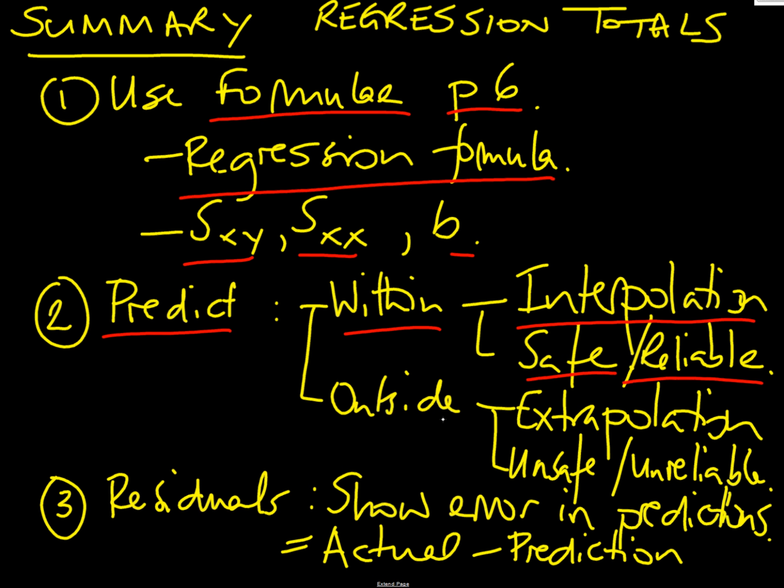If you go outside and start extrapolating, that's unsafe and unreliable, because you don't know where the data's gone beyond the range of your known. Residuals, that's your actual minus your prediction, and it shows the error in your predictions, and you just comment in context. There we go. I hope that's of use.